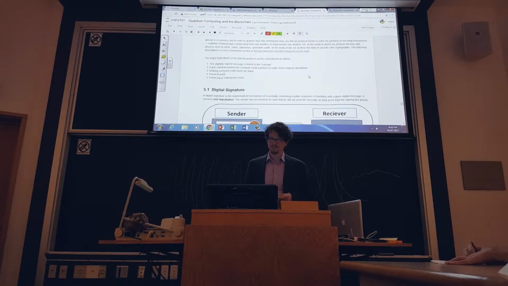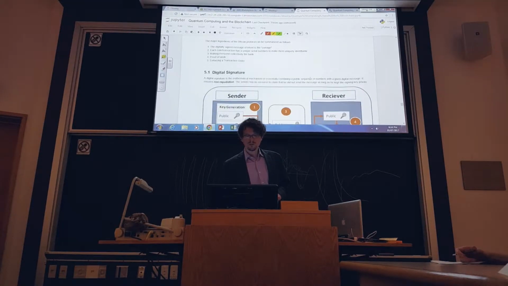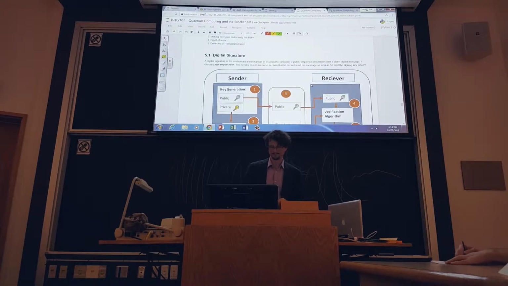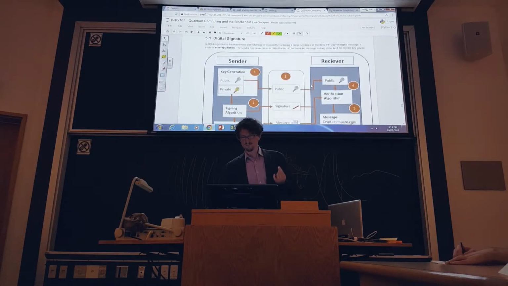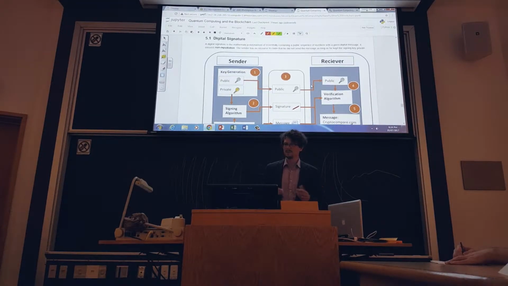You need something like a proof of work, a method to ensure that the people who are validating this transaction stay honest about it and don't provide invalid validations that would allow us to double spend something. And then, of course, we also need a transaction order enforced, because otherwise we wouldn't be able to track these transactions from wallet to wallet. But the cryptographic underpinning that at the beginning, and which is the one that quantum computers could break, is really the digital signature.